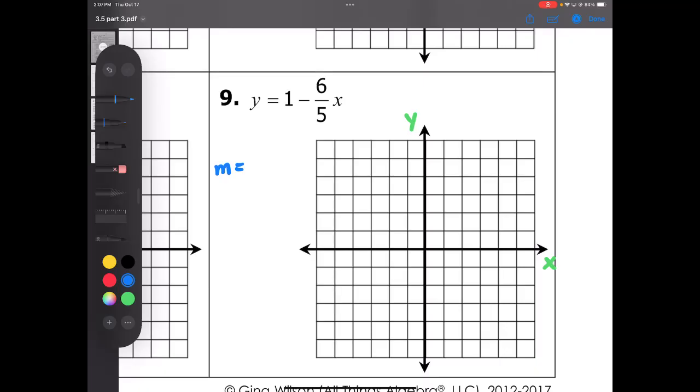It's not 1. What is it? Why is it negative 6 over 5? Because it's the number with x. So be careful. And the y-intercept is 1.